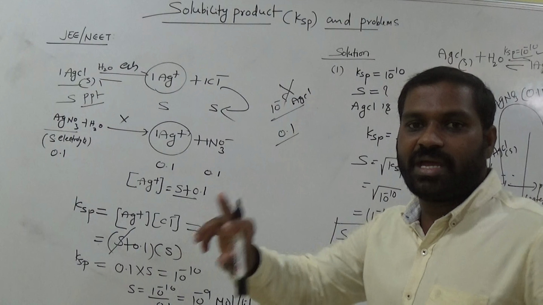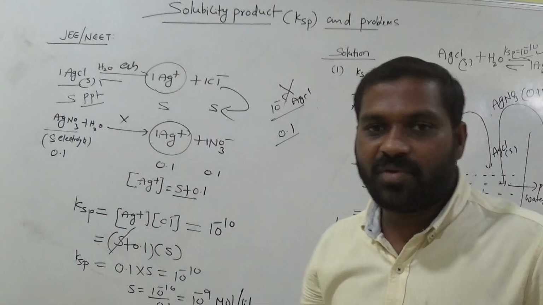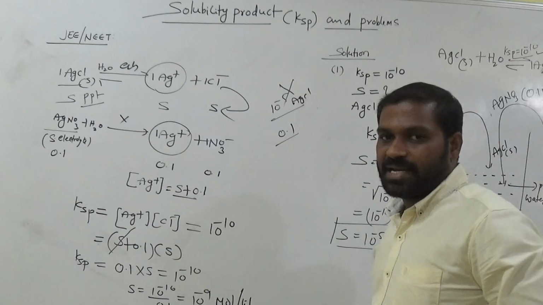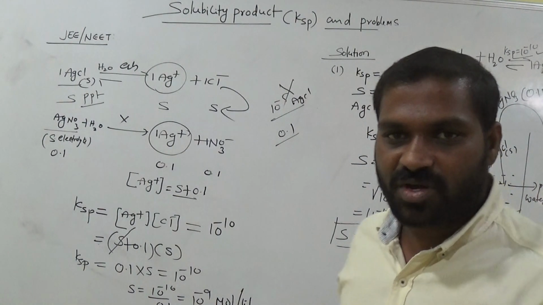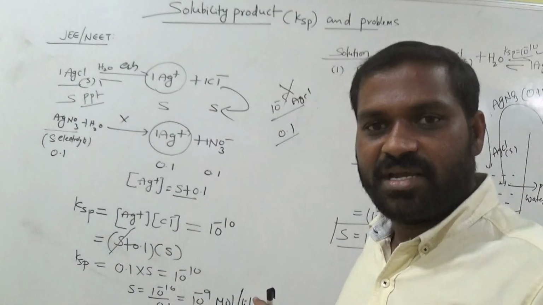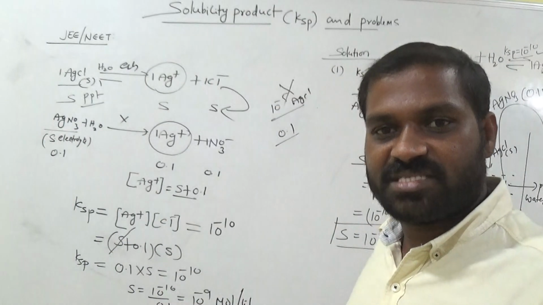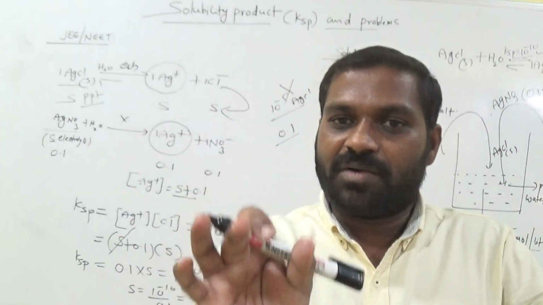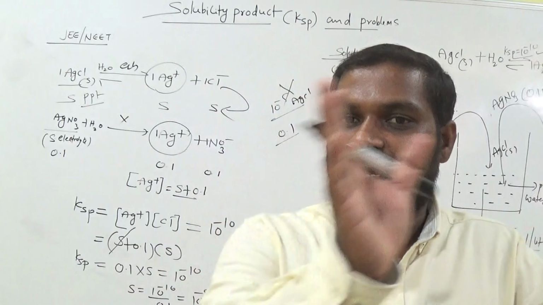In the second problem, we add silver nitrate solution. Then what about the solubility, 10 power minus 9? So which one is higher, 10 power minus 5 or 10 power minus 9? 10 power minus 5. That means after adding silver nitrate solution, its solubility decreases, that is 10 power minus 9. That means by the common ion effect, the solubility of the salt decreases and it forms a precipitate.